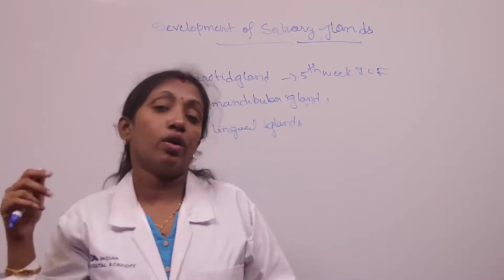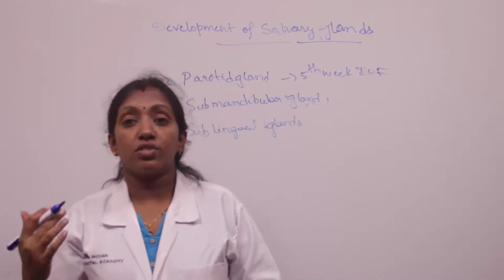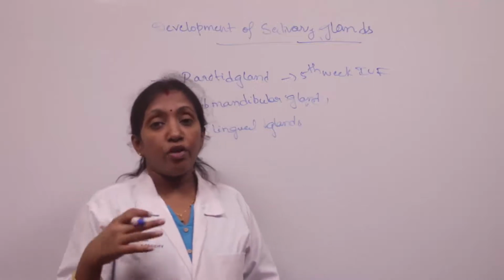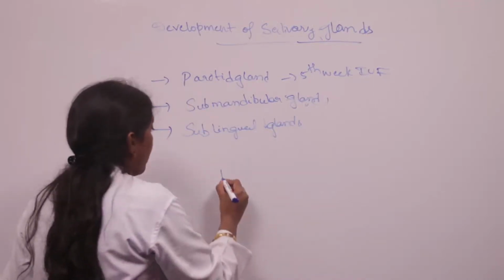The cells grow forwards and medially and form a tube-like structure. These ectodermal cells proliferate and form a tube-like structure, which we call the parotid duct.